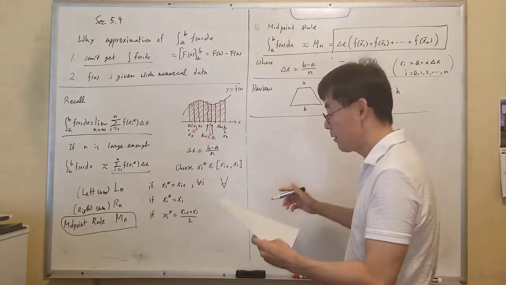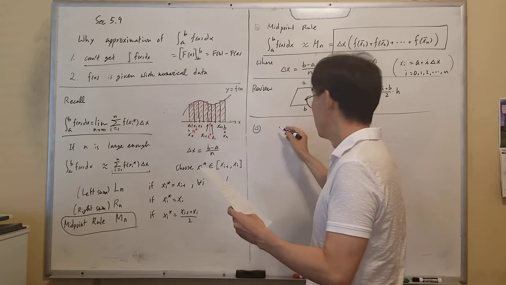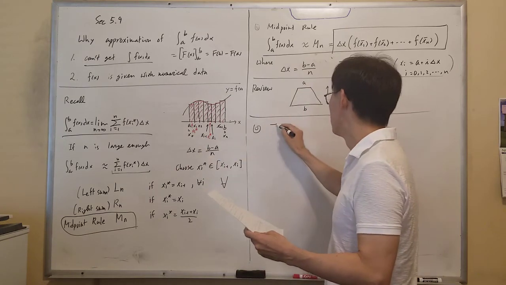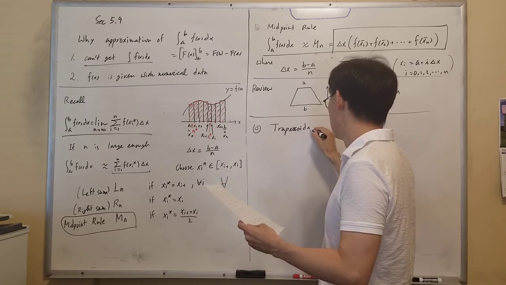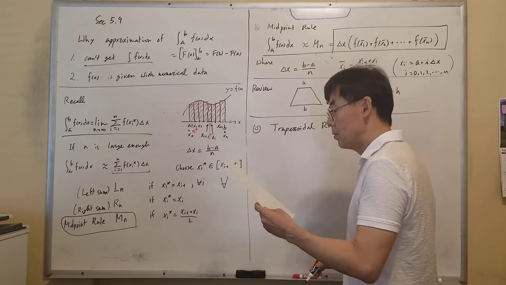So when you have a graph like this, trapezoidal rule.